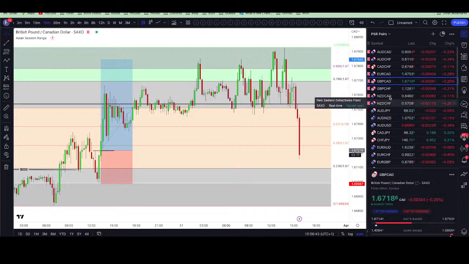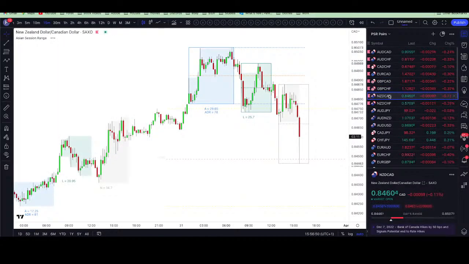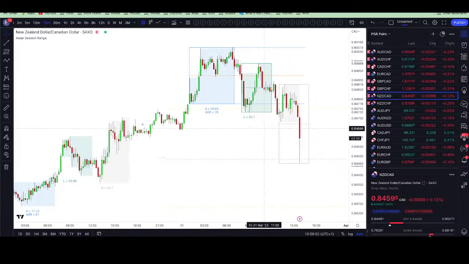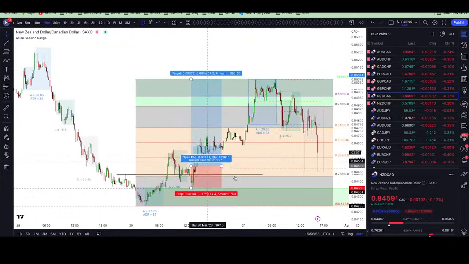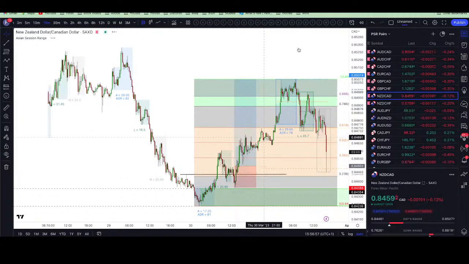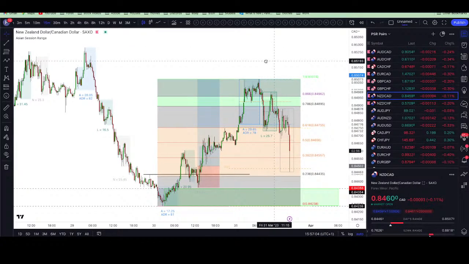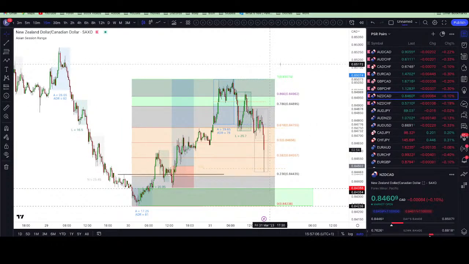Let's see here. Let's see where NZD CAD is. So on the previous week's low, this one's gone to this level.